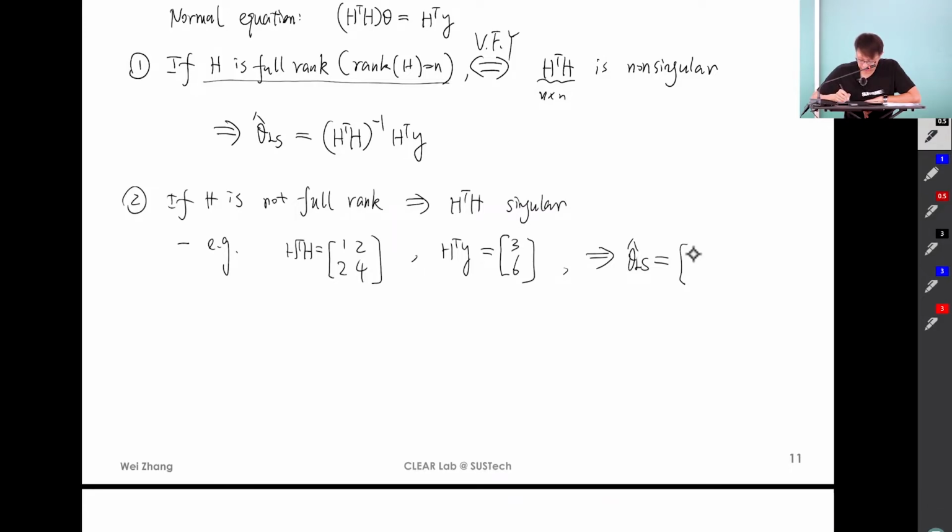So it could be [3, 0]. That's one solution. This guy is your B matrix, and it needs to be a linear combination of the columns of H transpose H. That's what we've been reviewing. If theta is [3, 0], it's 3 times the first column, which gives you [3, 6], and the rest of the columns don't need to exist, right?